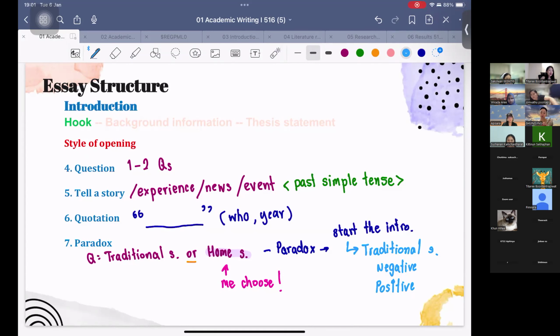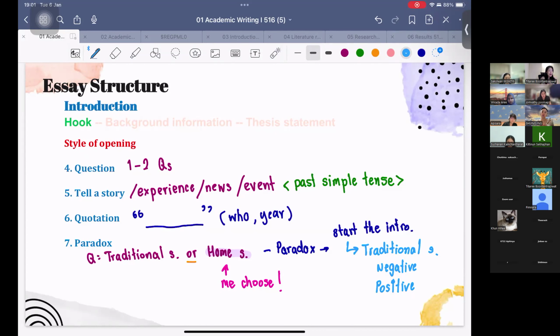The technique of paradox is often related to questions that ask you to pick something between two choices.